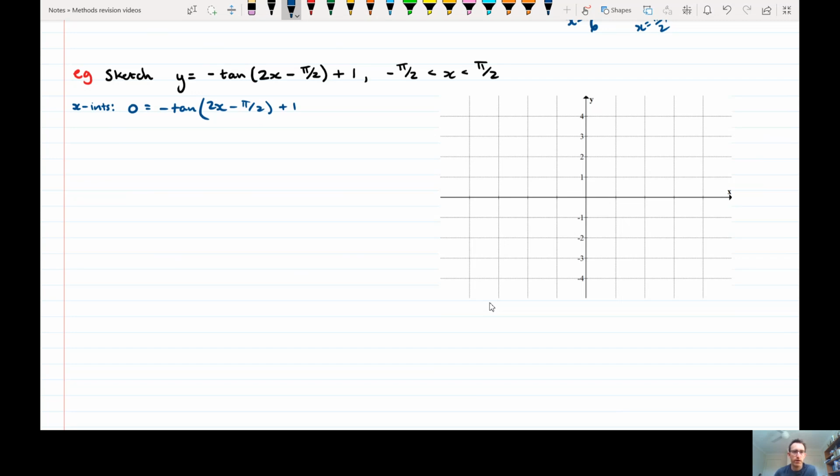Divide by negative 1, and you'll end up with tan of (2x minus pi on 2) equals 1. Got to think to yourself, tan of what gives you 1? That is pi on 4. So we end up with 2x minus pi on 2 equals pi on 4. And from here, we're then going to try to find all our solutions. Now, the working domain in this, you're going to multiply this by 2.